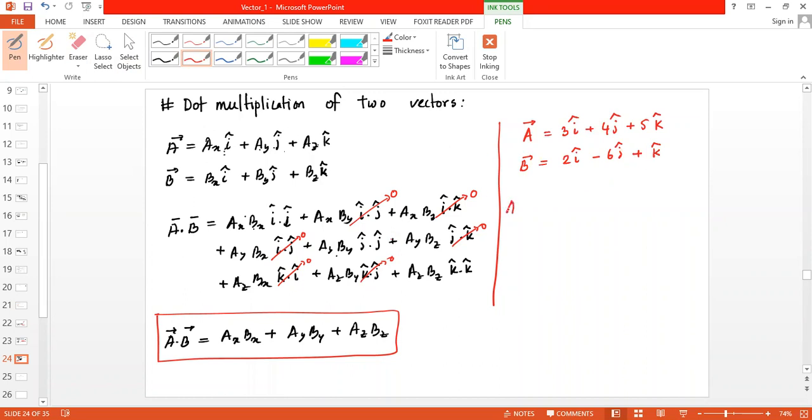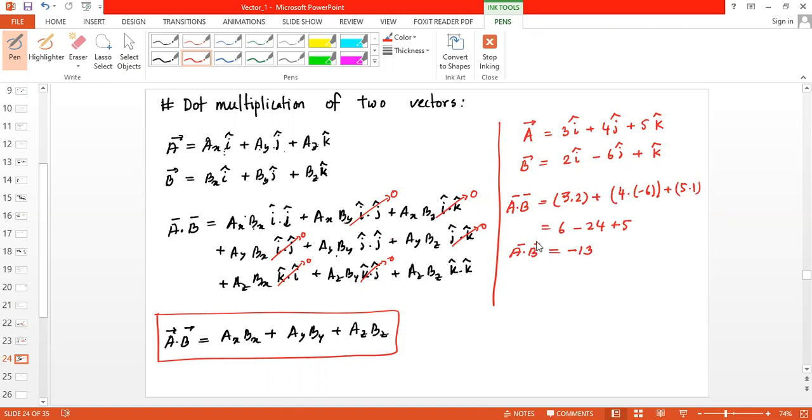So in that case, A dot B will be equal to what I have to do? I have to multiply the i component, that is 3 times 2, AX BX, right? 3 times 2 plus 4 times minus 6 plus 5 times 1. So 6 minus 24 plus 5. If we add them up, we are going to get minus 13. A dot B equal to minus 13.